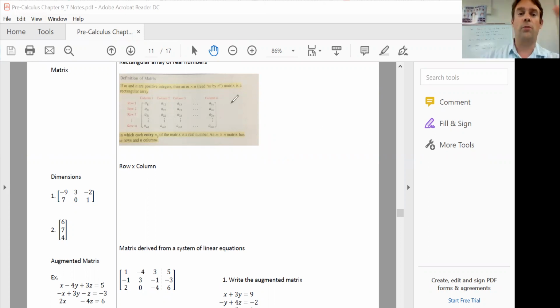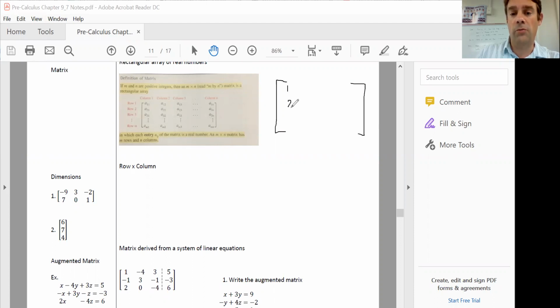And if you watch the movie The Matrix, you see all these numbers flowing in all these rows and columns. But really all it is is a whole bunch of rows and columns going side by side by side by side. So it's a whole bunch of information thrown in together.